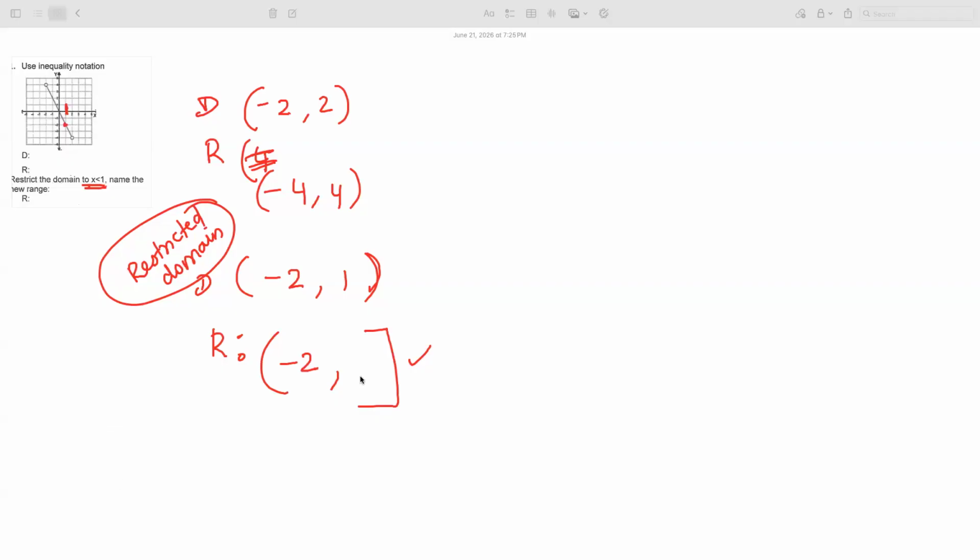So it becomes a -2. Does it make sense? Before, what was it? Yeah, -2 is included, right? -2 to 4. 4 is not included, right? Oh, okay. Does it make sense?